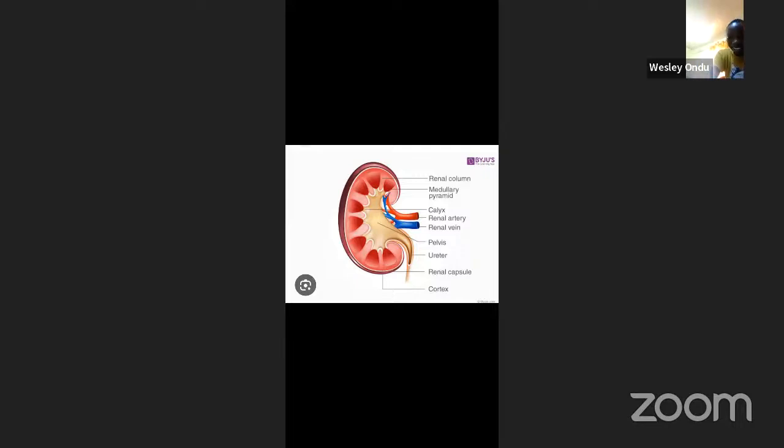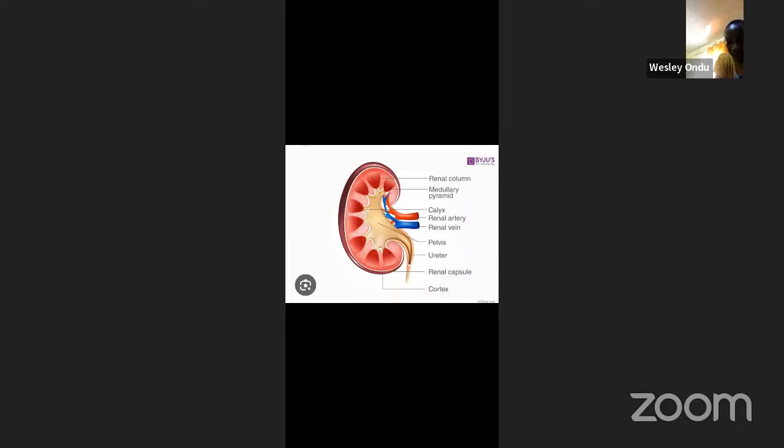So the proteins, the excess proteins are taken to the liver, where they are converted into their amino form, the nitrogen and hydrogen. The nitrogen part and the hydrogen part is separated.